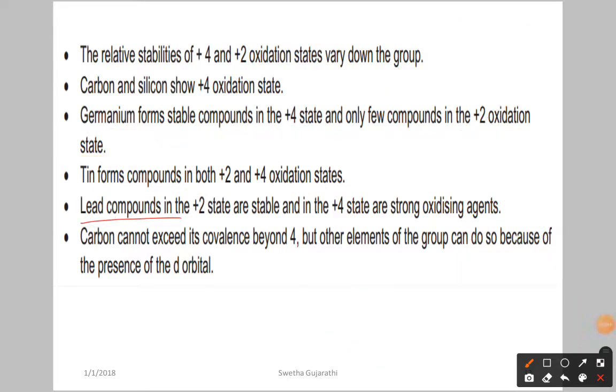Lead compounds in the +2 state are stable, and in the +4 state they are oxidizing agents. If you take PbI2, the +2 state is more stable. Why?